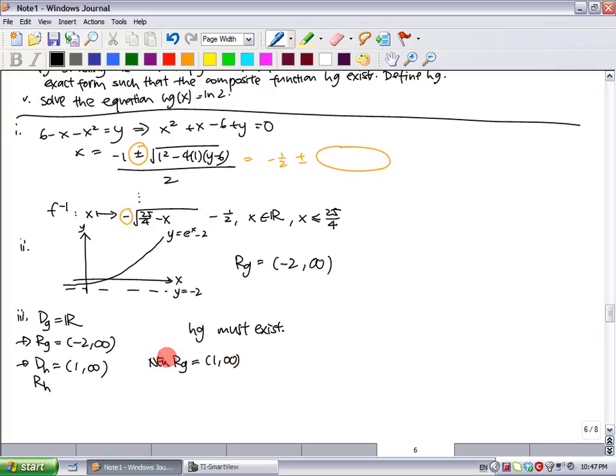Okay, this is another one. So I look back at my graph again. This is why I like the graph a lot. When y goes to 1, what value does my x have?